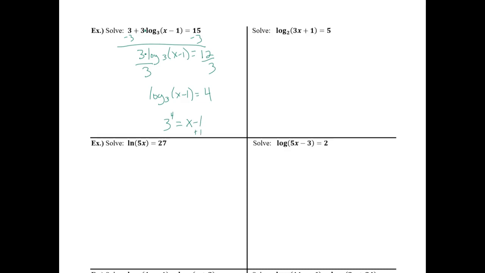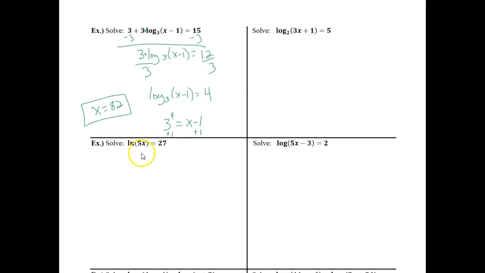And then lastly, I need to get x alone, so I'm going to end up adding 1 to both sides. 3 to the 4th is 81, and then 81 plus 1 would be 82. So x equals 82. And this is something that you could plug in and then evaluate and make sure you get 15.